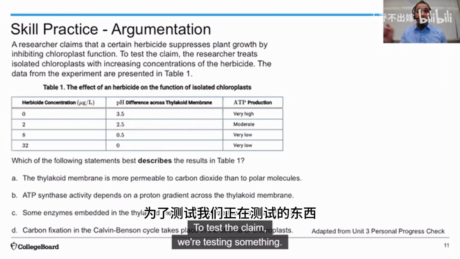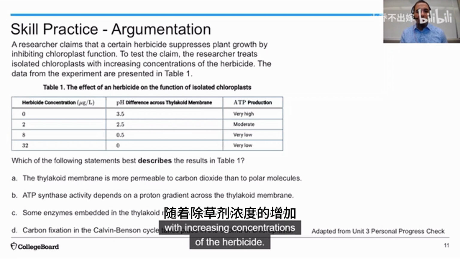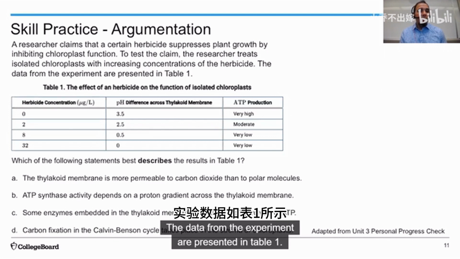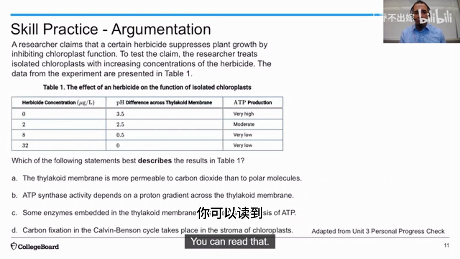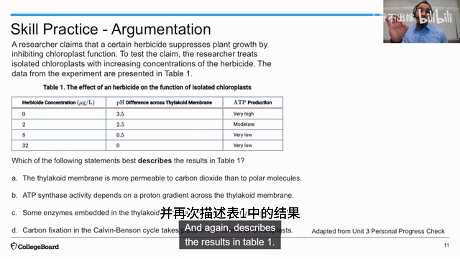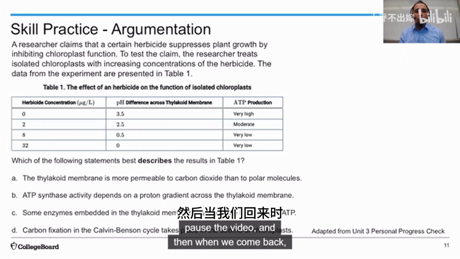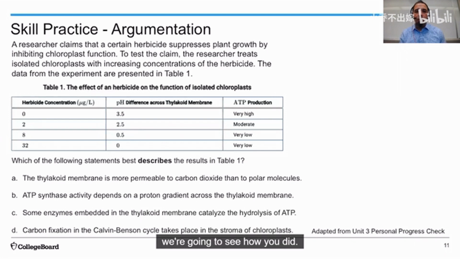To test the claim, the researcher treats isolated chloroplasts with increasing concentrations of the herbicide. The data from the experiment are presented in Table 1. I'm not going to go over Table 1 with you; you can read that. Here's the question: which of the following statements best describes the results in Table 1? You can go through and read options A, B, C, and D, pause the video, and when we come back, we're going to see how you did.